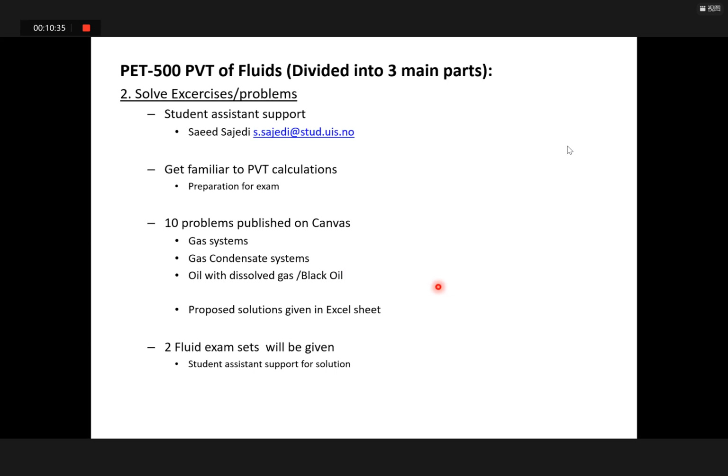Then the student assistant will present the problems, and he will also help you each week with a Zoom meeting, so you can ask questions. He will also probably come up with a sketch solution of most of these problems, if you want to solve it on paper instead of looking into the Excel sheet. All the solutions are given in the Excel sheet, but you have to look at the numbers in the individual columns to understand it. As I said, there is a student assistant to support you in this.